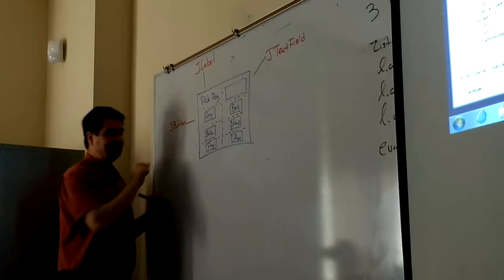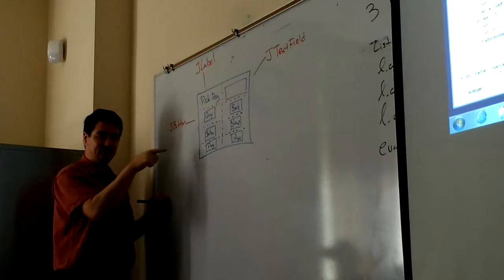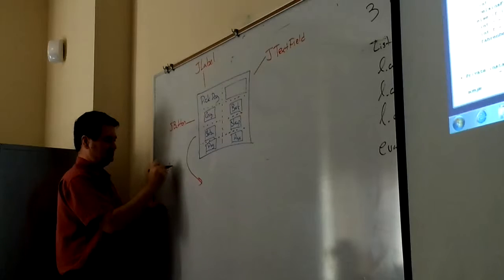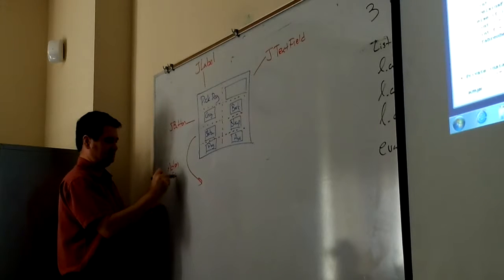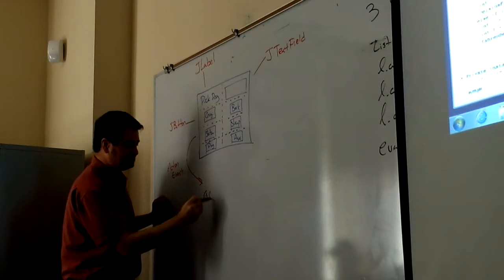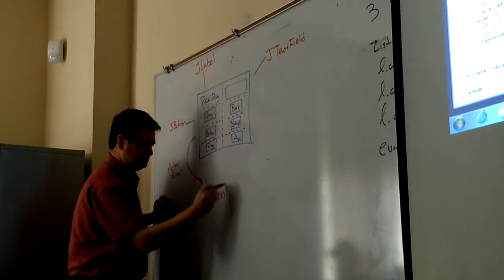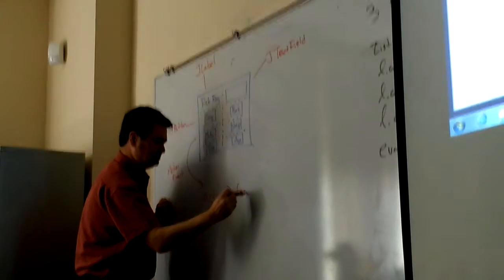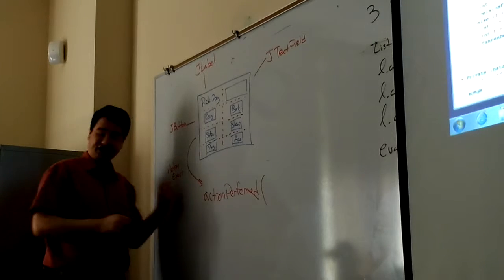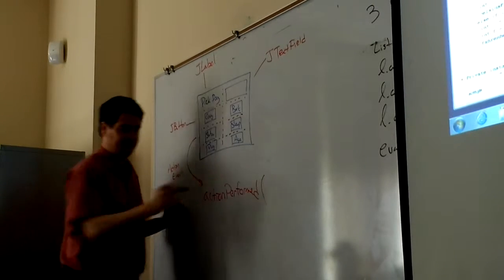When you click on a button, it's going to generate an action event, and it's going to send that event to a method that you're going to write called actionPerformed. And you get an ActionEvent object.